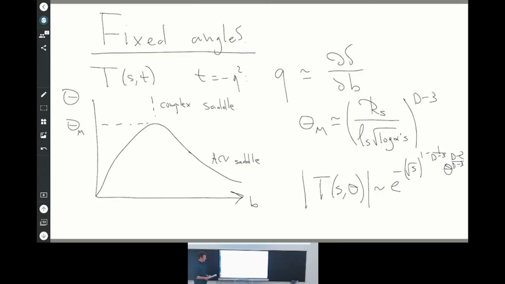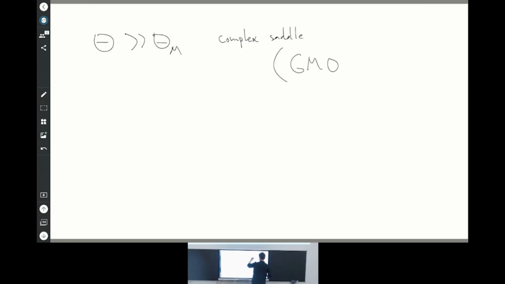And if you evaluate your amplitude for theta larger than this maximal angle, you have a complex saddle. And this is what roughly matches the Gross-Mende formula. So you get the amplitude of order e to the minus square root s log s type of thing.